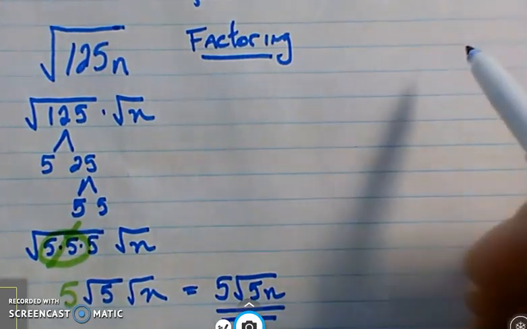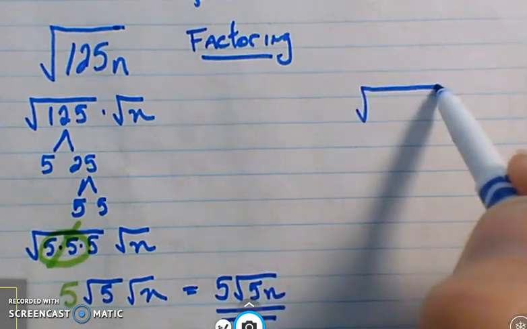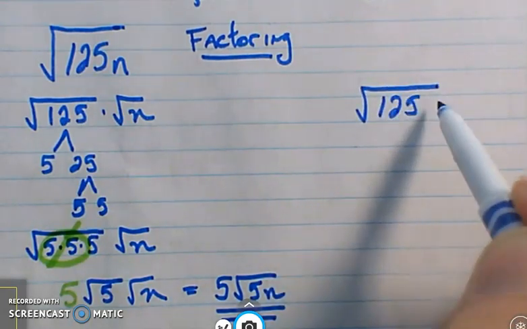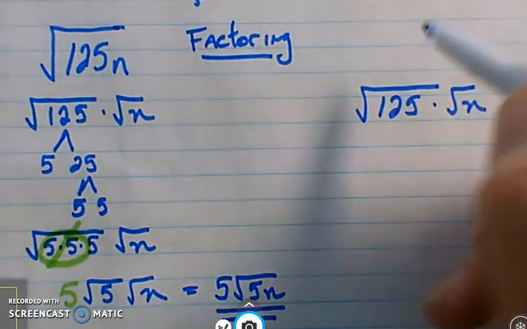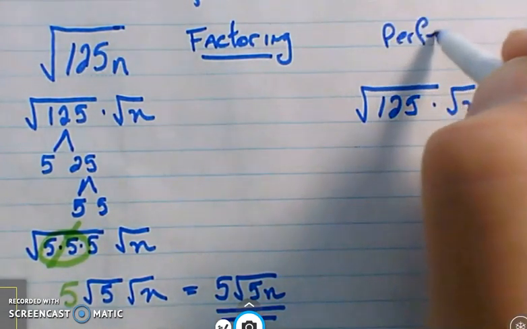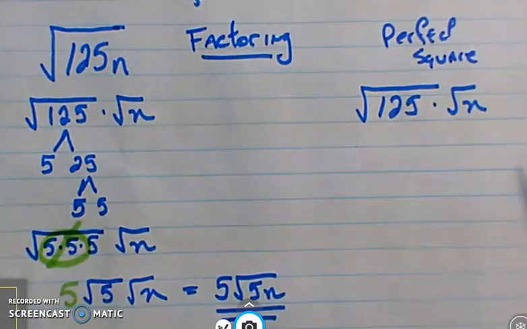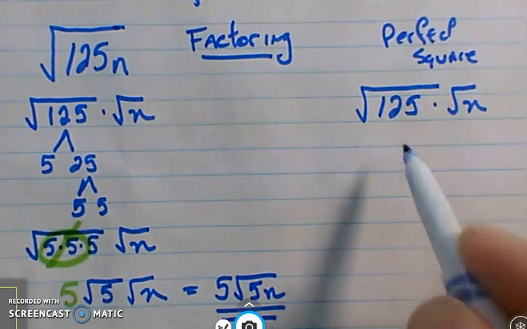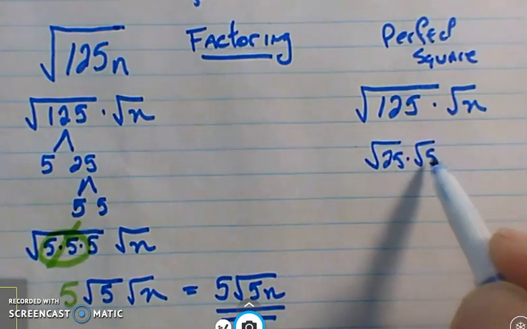Alternatively, remember, some of us like doing perfect squares. What I could do is break it down into 125 times the square root of n. So this is using our perfect square technique. Let's see, what perfect square goes into 125? Well, that's 25, so it's 25 times 5.